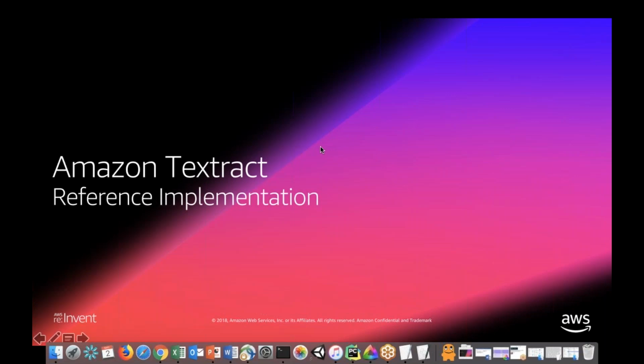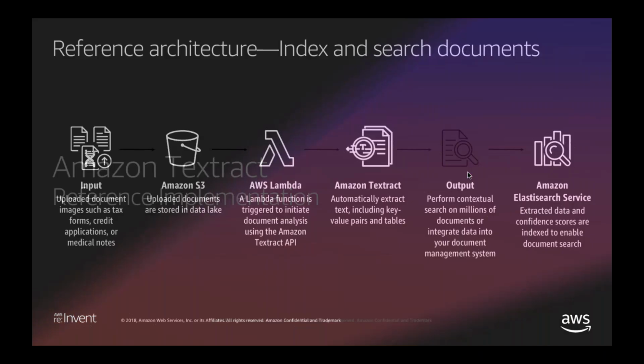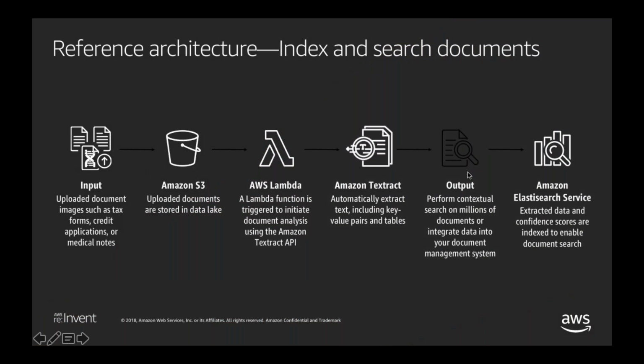Okay, so it looks like all the questions are taken care of, and so let's get back into some reference implementations here. So the obvious one here is simply you have some documents, you drop them in S3, you have a Lambda function that's going to detect those documents via an S3 event. It's going to call Textract, and it's going to give you the output. That's what you get with this reference implementation: a completely serverless solution.